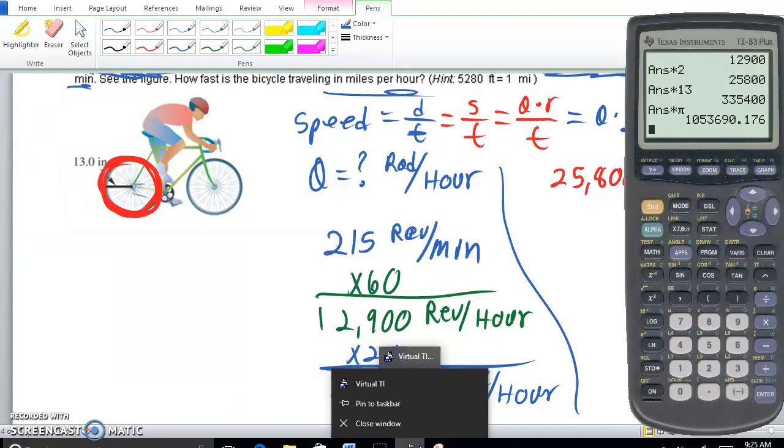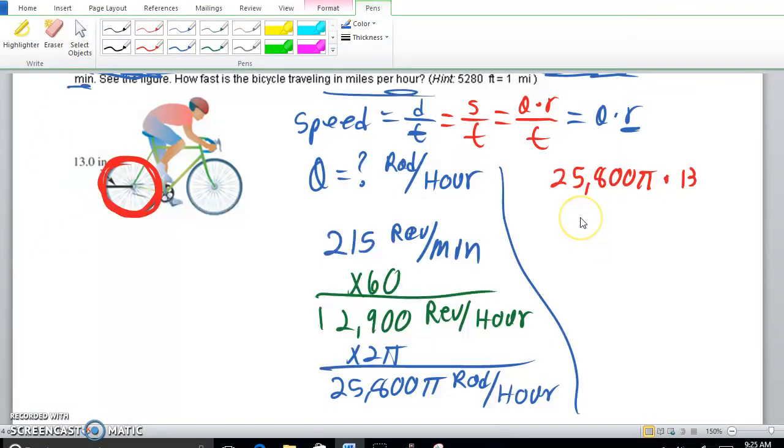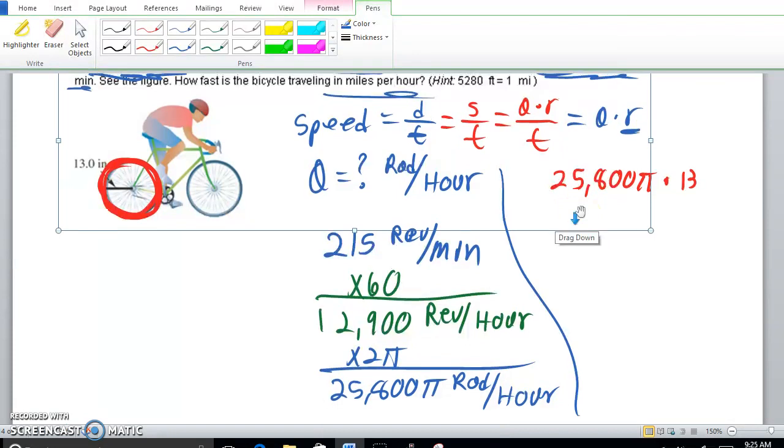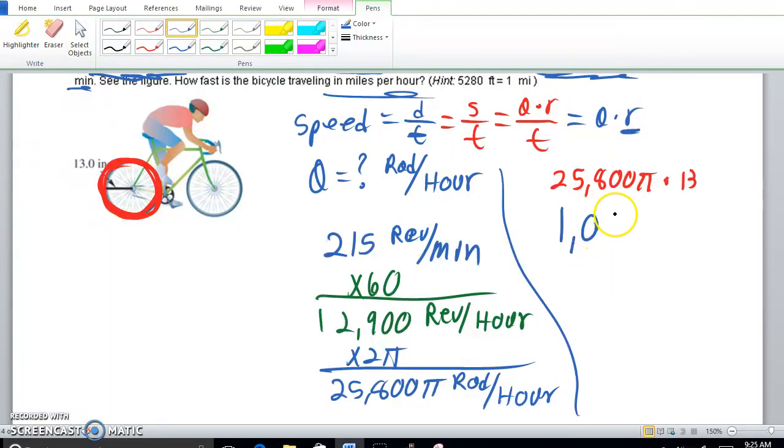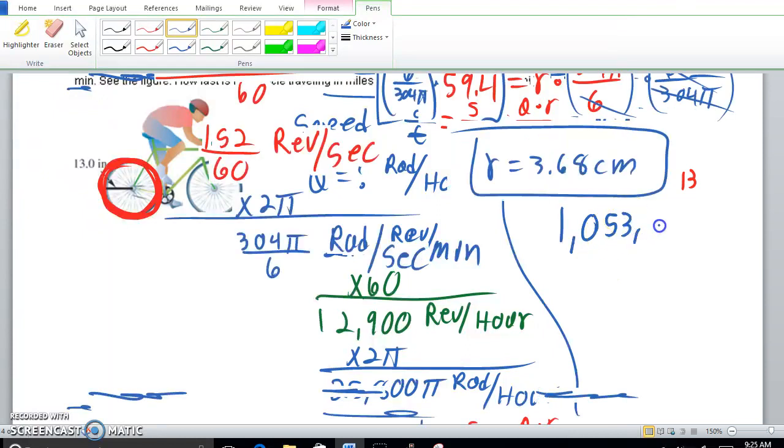So let's see, 1,053,690. So 1 million, come on, pen tool. 1 million, what did I say? 1,053,000. What the?